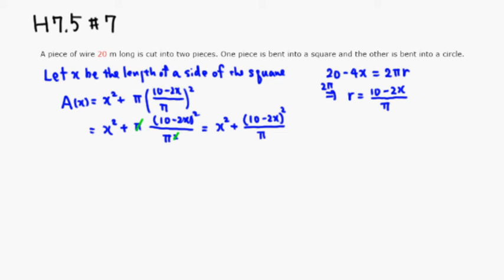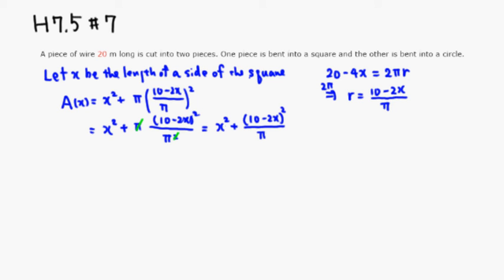So you can see that this is just a quadratic function, and the leading coefficient is going to be 4x squared from here and x squared, so 5x squared. So it's going to be an upward-facing parabola.